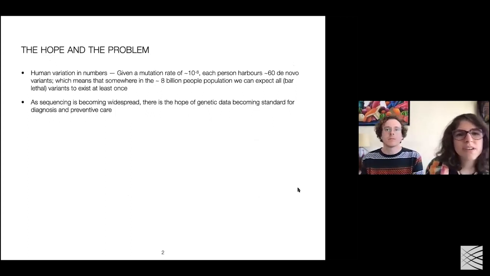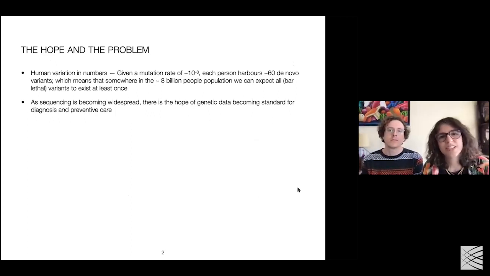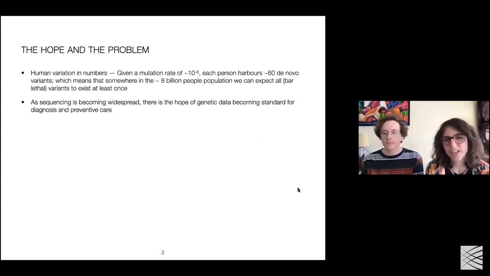A quick back of the envelope calculation can give us a notion of the huge magnitude of human genetic variants. So if we take a mutation rate of 10 to the minus 8, we can see that each person harbors about 60 de novo variants. And this means that somewhere in our huge population of 8 billion people, we can expect all, except for the very lethal ones, variants to exist at least once.